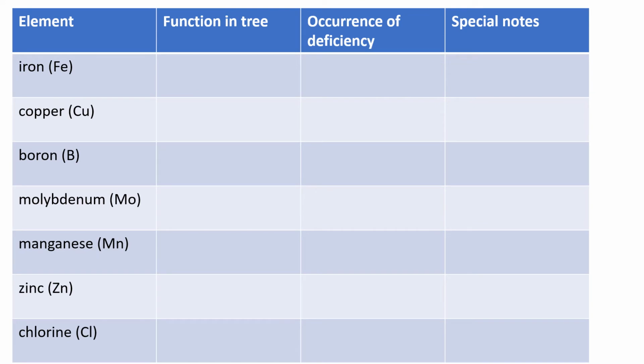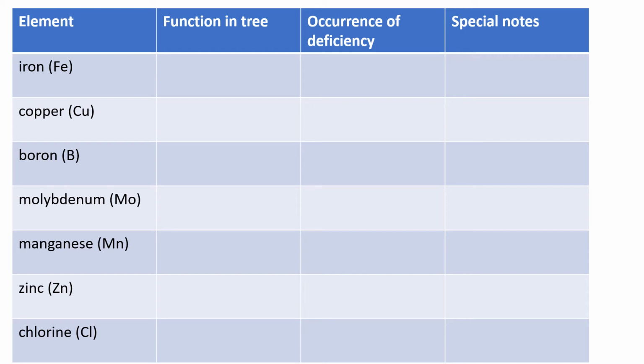Okay, this is the table for the micronutrients. These are required in much smaller quantities than the macronutrients, in some cases vanishingly small. While some of the macronutrients like nitrogen and phosphorus occur in compounds that are abundant and are an important part of those, in a lot of cases these micronutrients are like cofactors of enzymes and they're required in much smaller quantities for that reason.